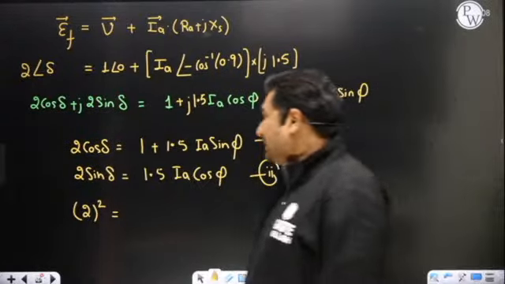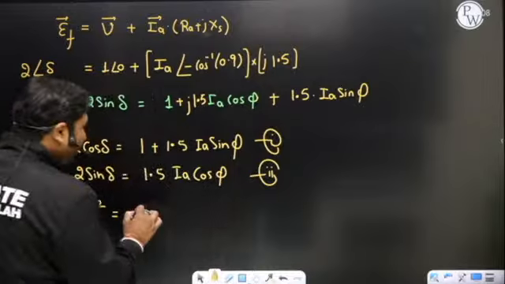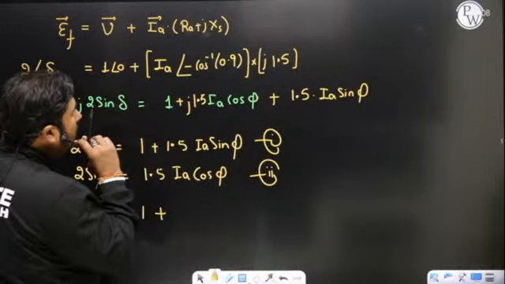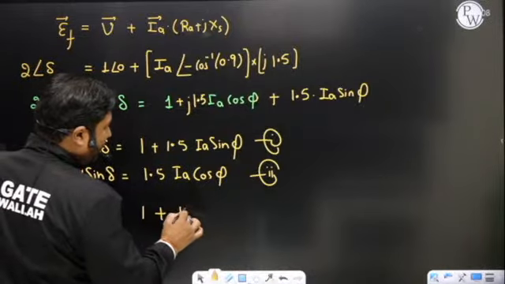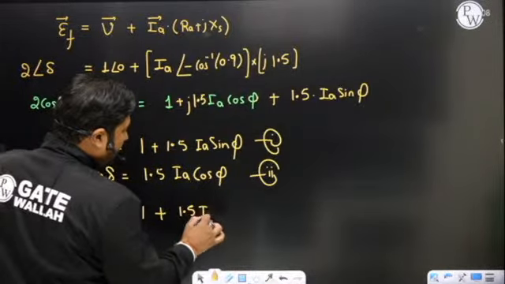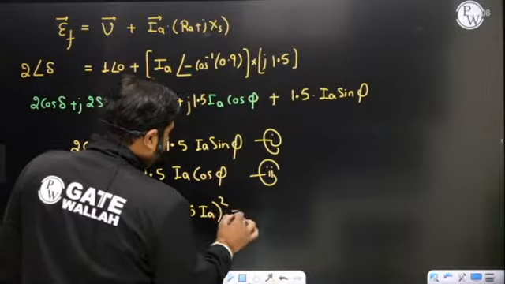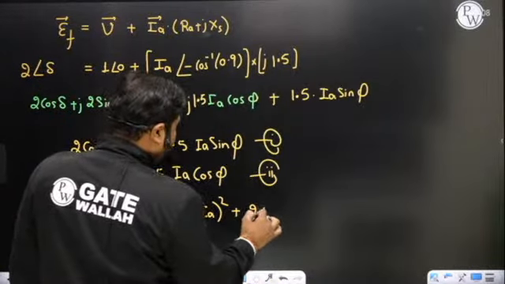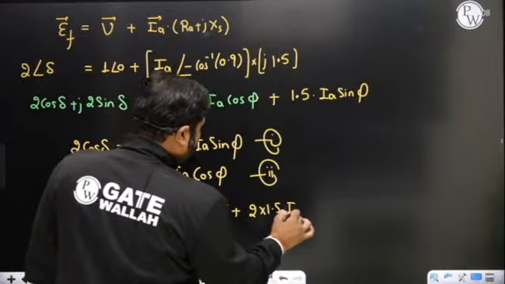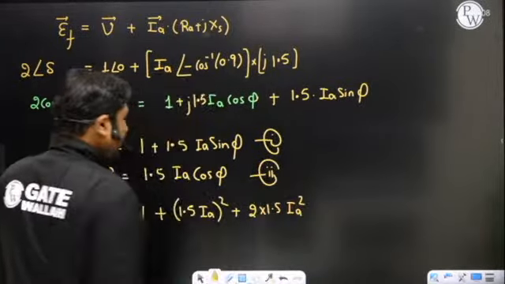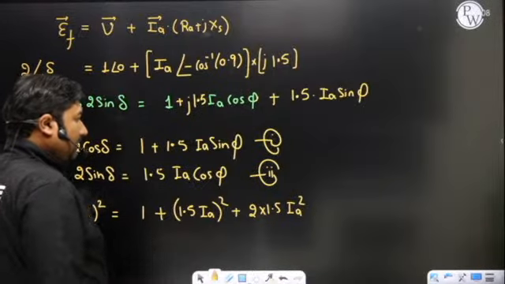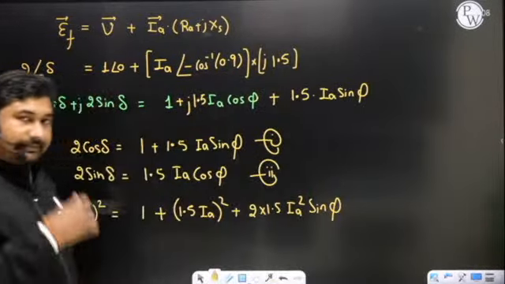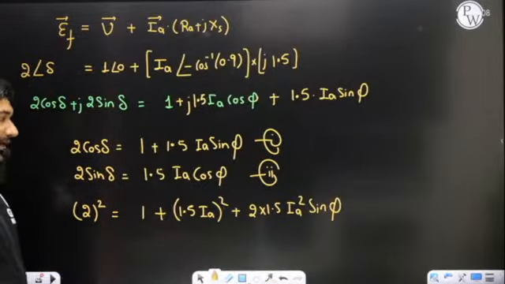If you observe this side, it will become 1 plus 1.5 IA square plus 2 into 1.5 IA sine of phi. Power factor is known to us.